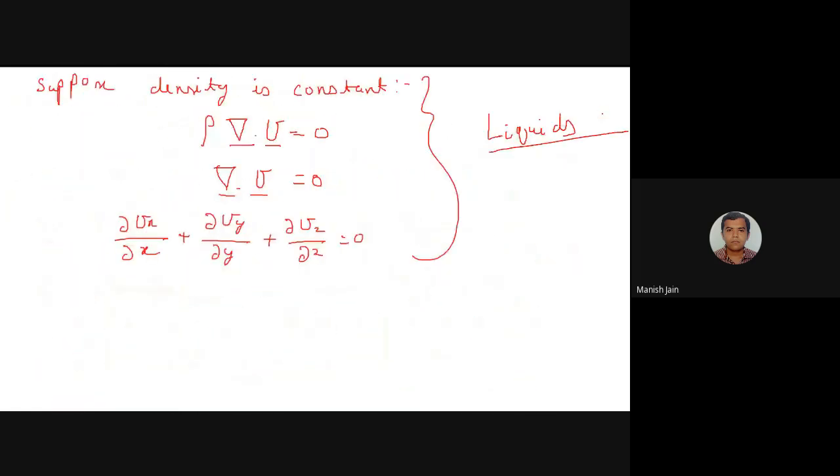Now we will go for the second axiom, that is the momentum is conserved. Now second axiom, that is momentum is conserved.